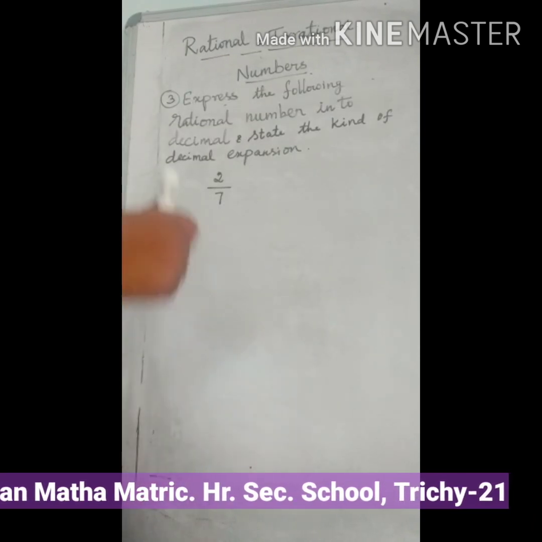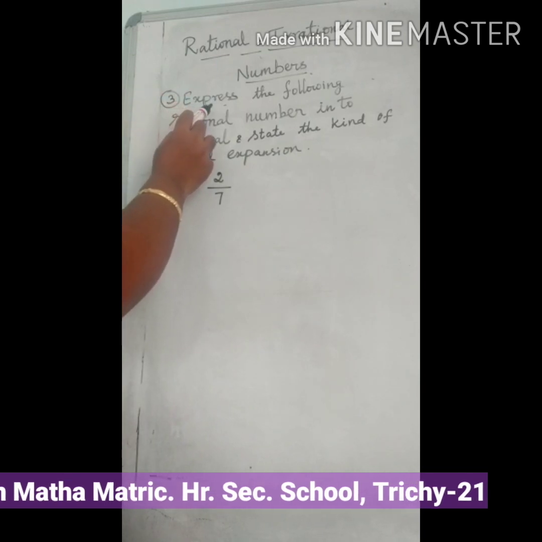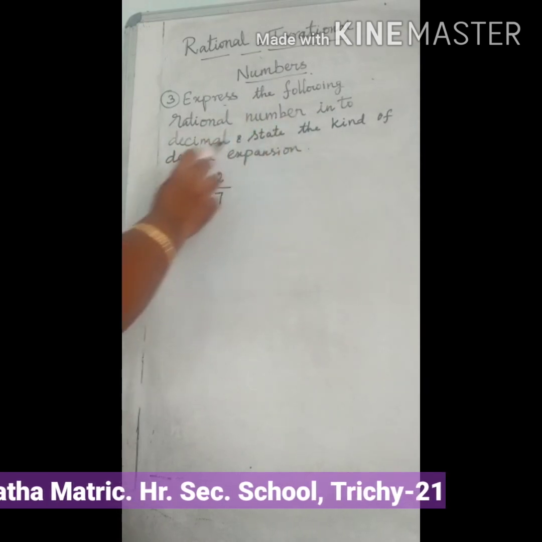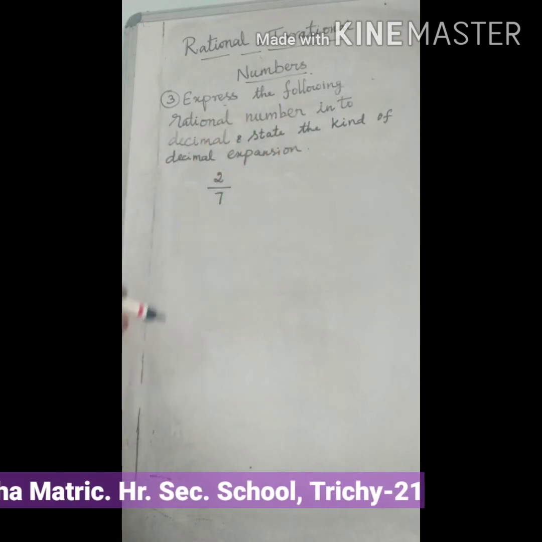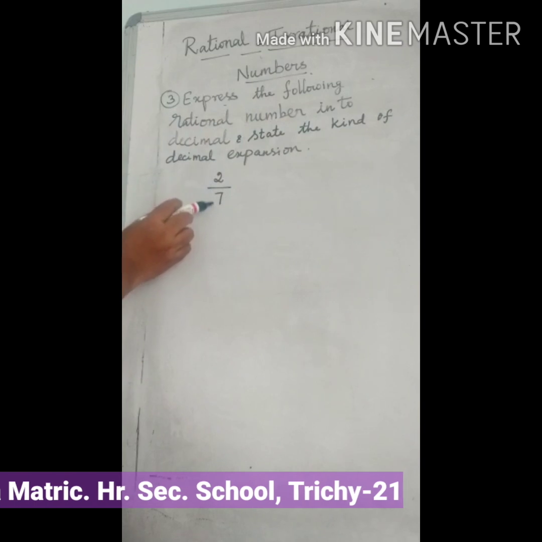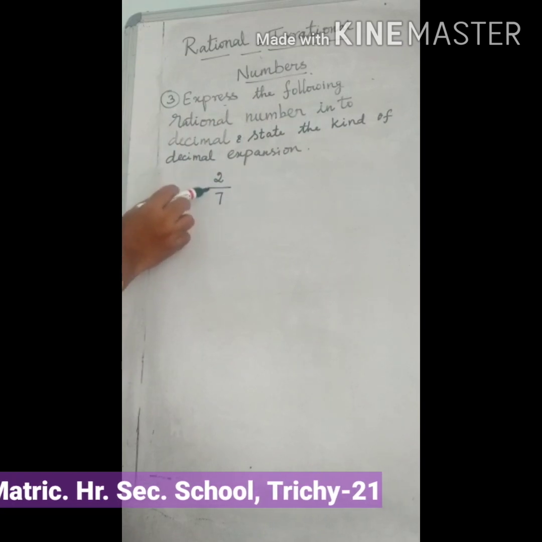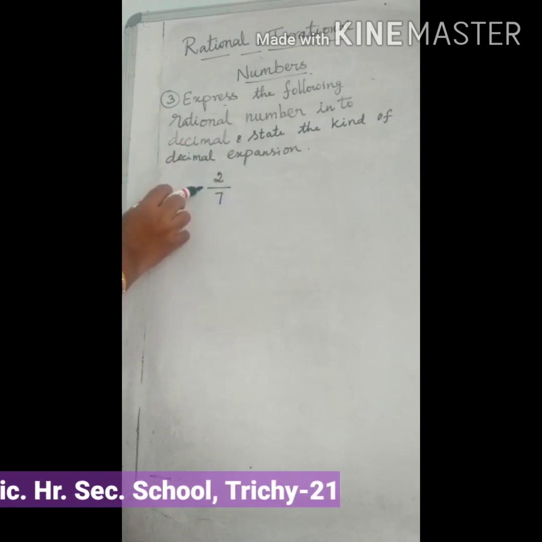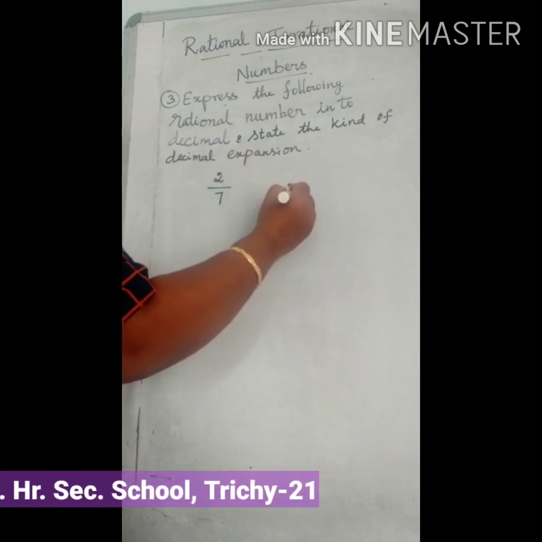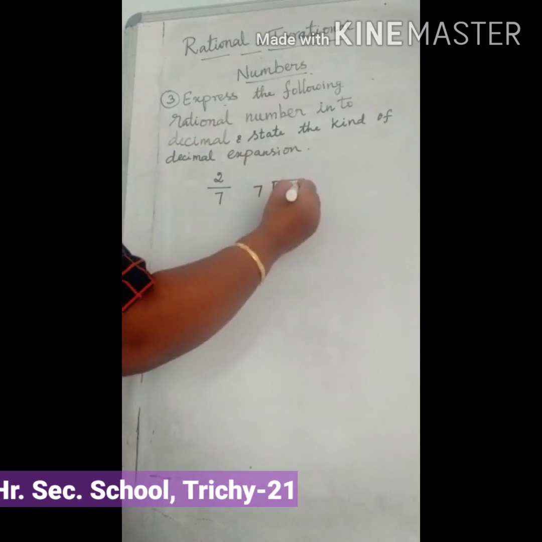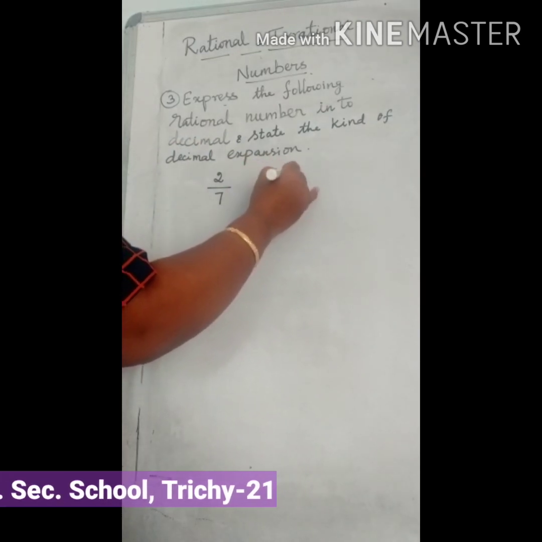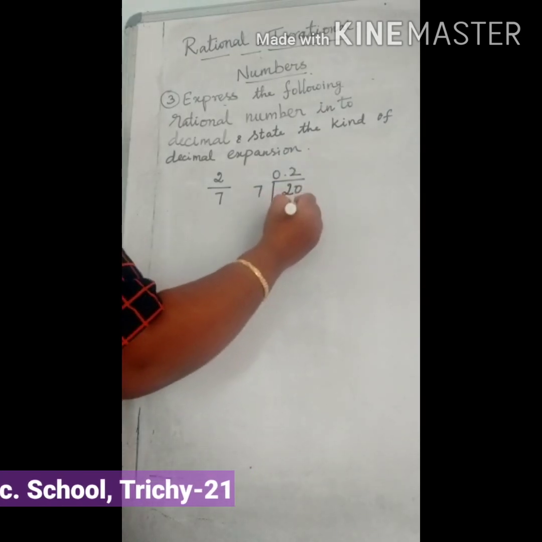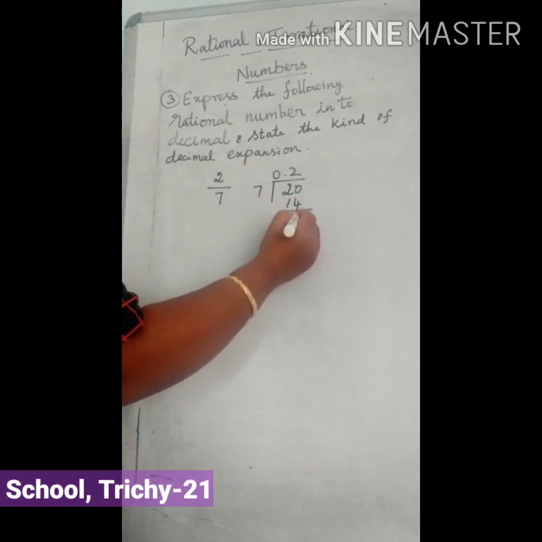Now the third one: express the following rational numbers as decimals and state the kind of decimal expansion. Let us consider the rational number 2 by 7. We have to find the decimal expansion and what type of decimal expansion it is. So we divide 2 by 7. Put one 0. 7 2s are 14, balance 6.